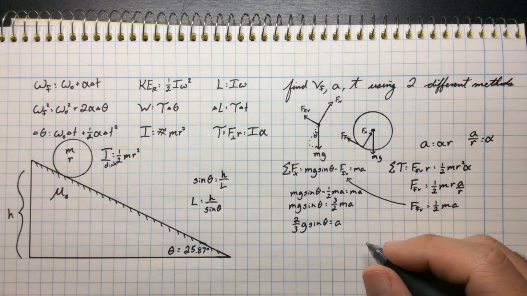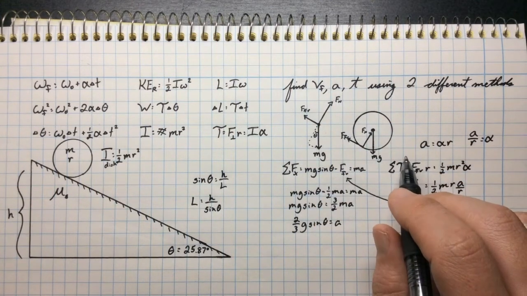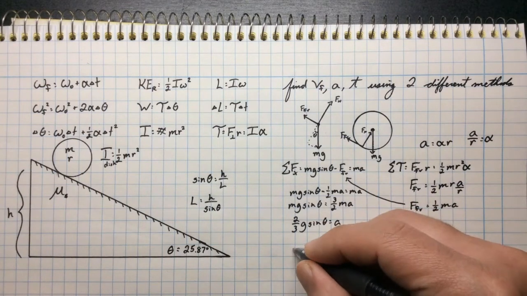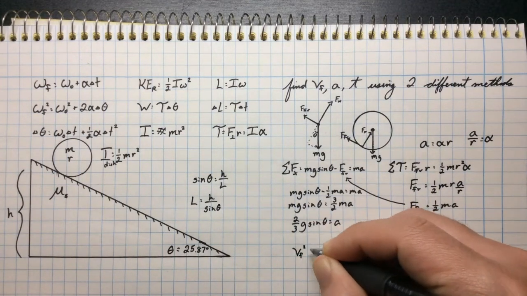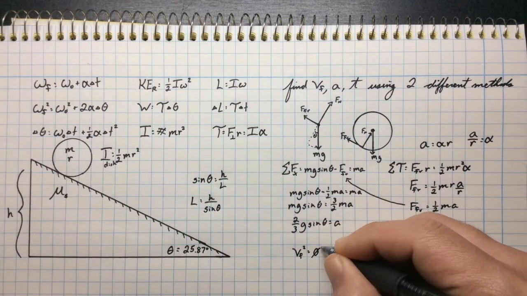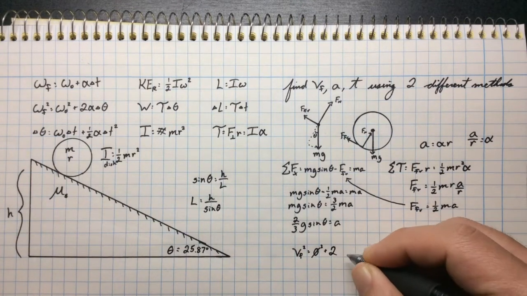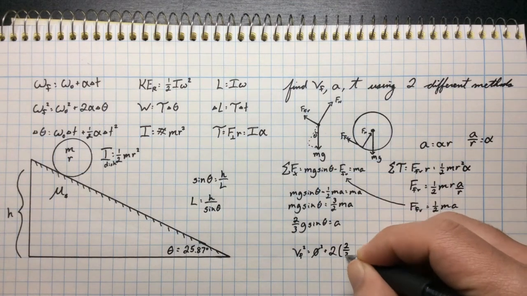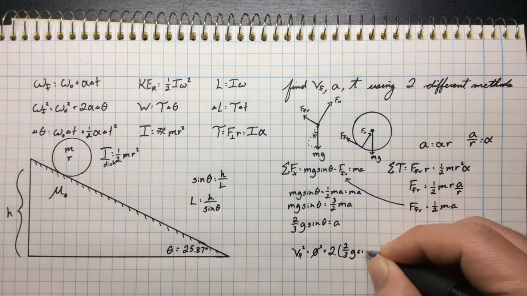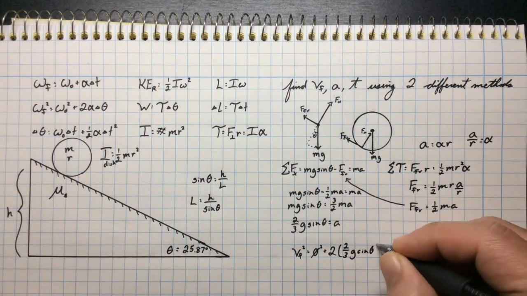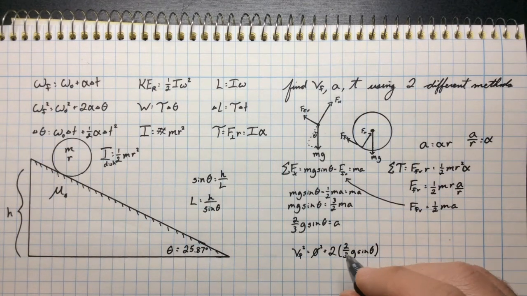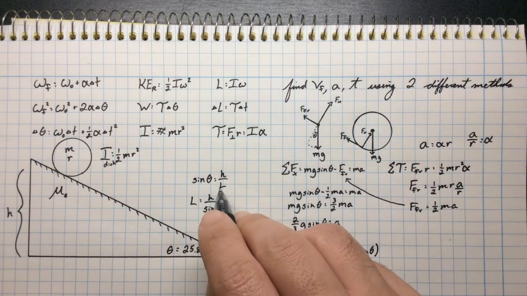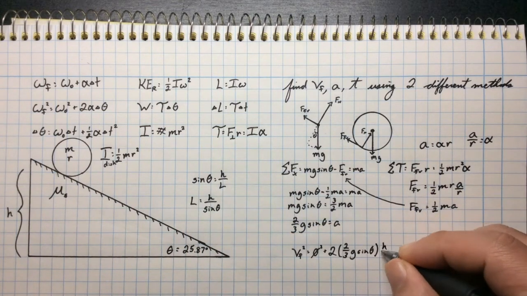Let's see, if I want to find the final velocity, I need to use the equation that does not have time in it. So final velocity squared is equal to initial velocity squared, which is 0, plus 2a, which is that stuff, 2/3 g sine theta, 2a delta x, or delta L, which would be this thing, h over sine theta.